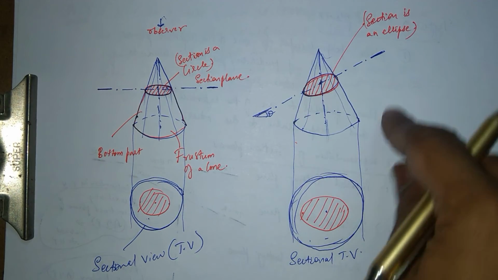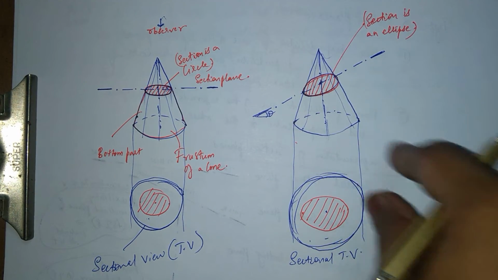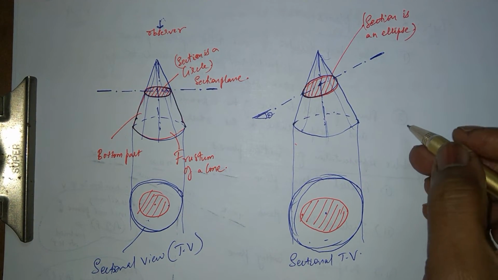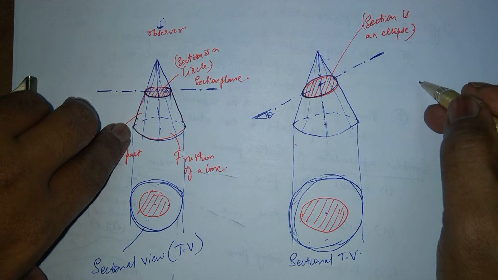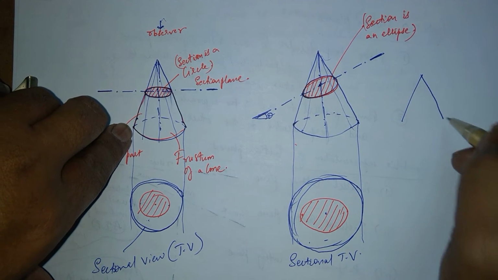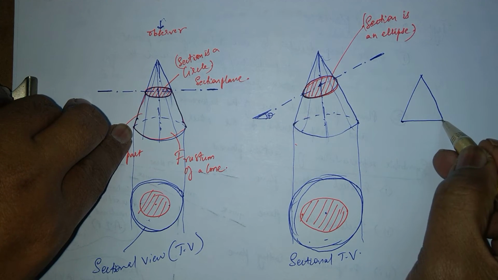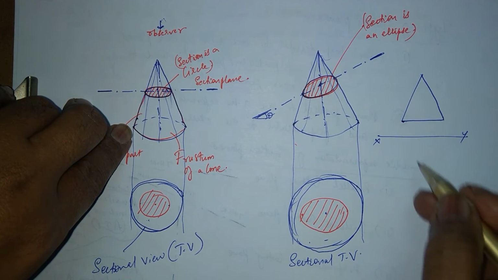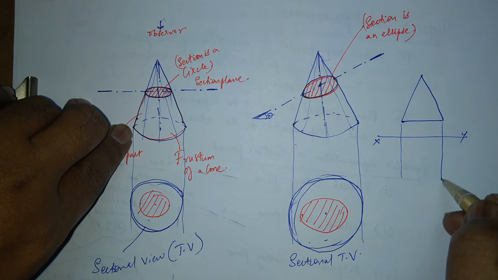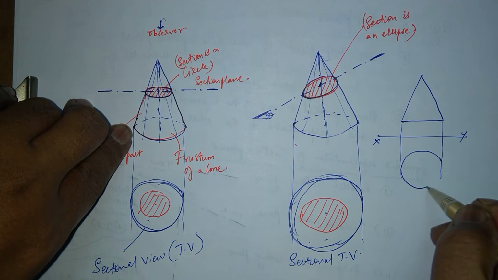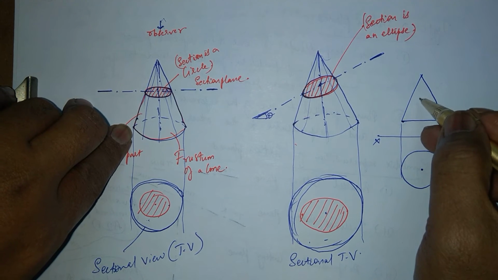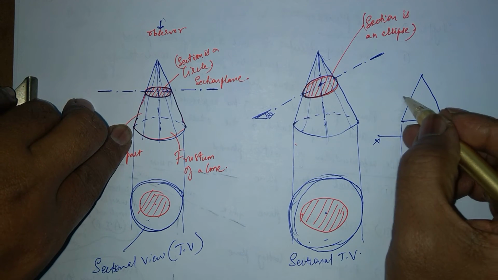Well, this is a three-dimensional diagram which I have drawn, but in a 2D diagram it will be a different setup altogether. Let me just draw the 2D diagram for this one. This is your front view of the cone. This is your XY line, and if you draw the projection down, this is your circle. This is your apex point. Assume that this was cut like this.